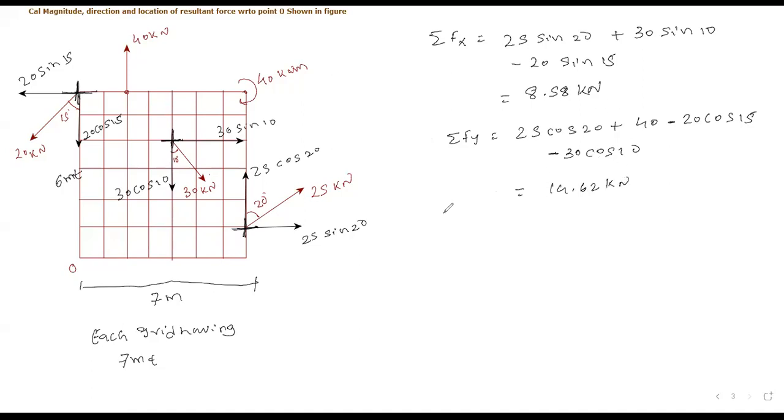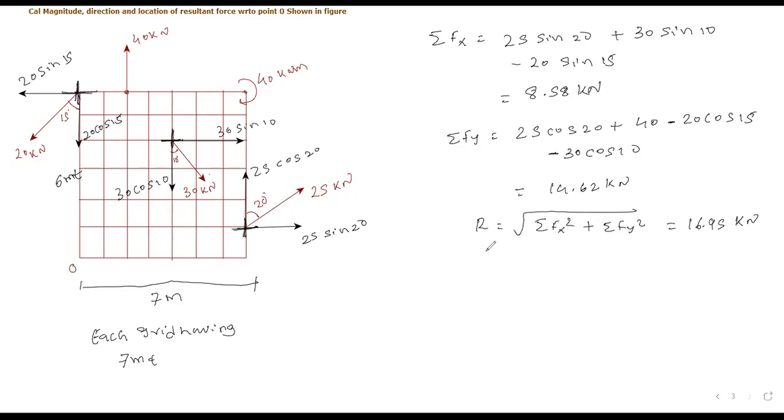Again, both forces positive, hence resultant force lies in a first quadrant. Resultant force is square root of sigma fx square plus sigma fy square. Sorry, resultant force is 16.95 kilonewton. Okay, I hope it is clear.